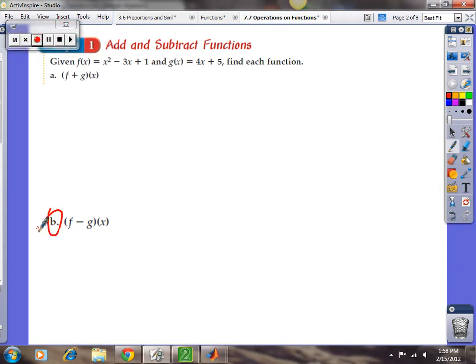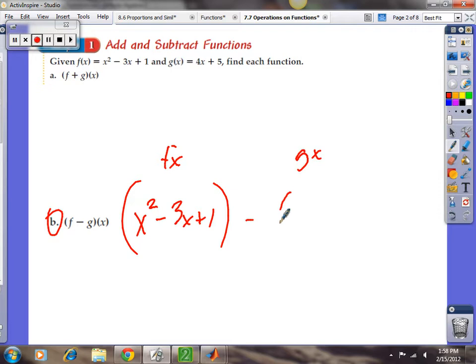So if we do B, if you don't put them in parentheses, shout out to Tyson. f of x is x squared minus 3x plus 1. Put it in parentheses, and subtract g of x, which is 4x plus 5. Here's the common mistake: g of x is a binomial.